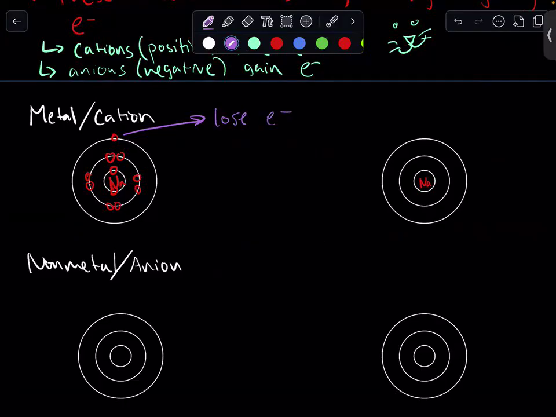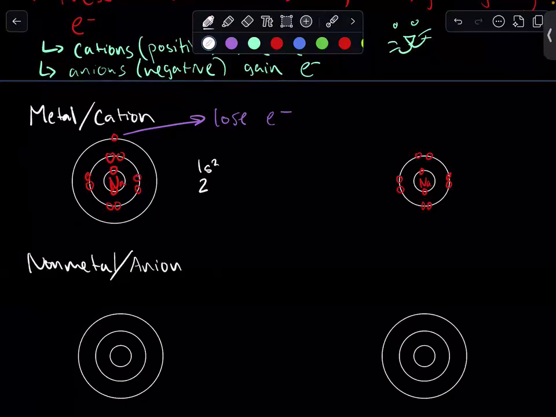And when it does that, the neat thing about it is it becomes stable because its new outer shell is the energy level below it, energy level 2. So this had a configuration of 1s2, 2s2, 2p6, 3s1. Its new configuration is 1s2, 2s2, 2p6.